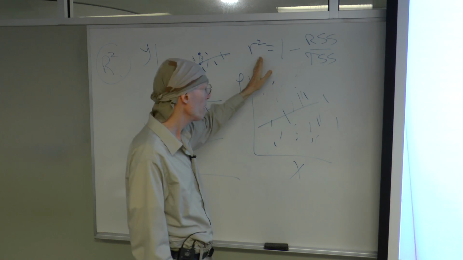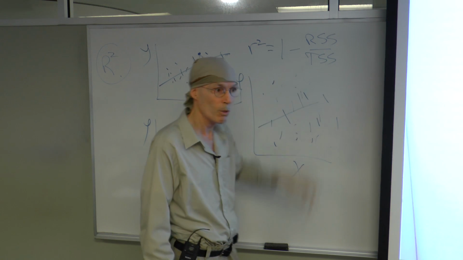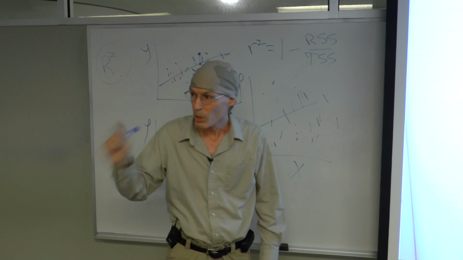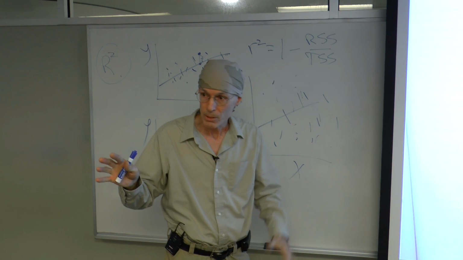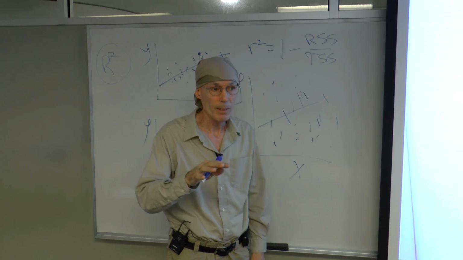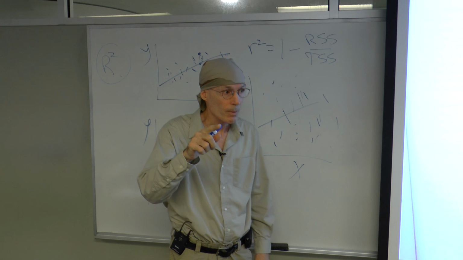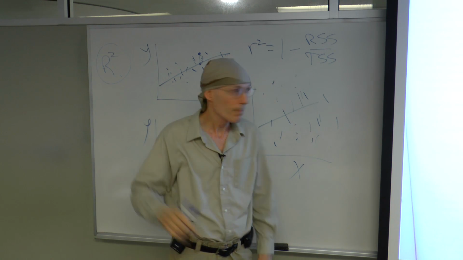The r squared is 1 minus the ratio from the residual sums of squares divided by the total sums of squares. The total sums of squares is like the variance. Okay? The total sums of squares is like the variance. It's the value of the y minus its mean. Okay?